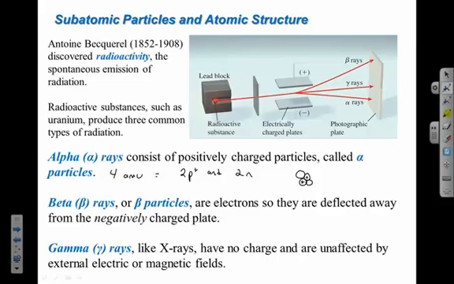So that means that whatever this radioactive material was inside that lead box, it's unstable, and it has to release some of its protons and neutrons from its nucleus in order to become more stable, and that's why they're flying out, and that's why they're attracted to the negatively charged plate. The beta particles were found to have the same angle of deflection as the particles in the cathode ray tube.